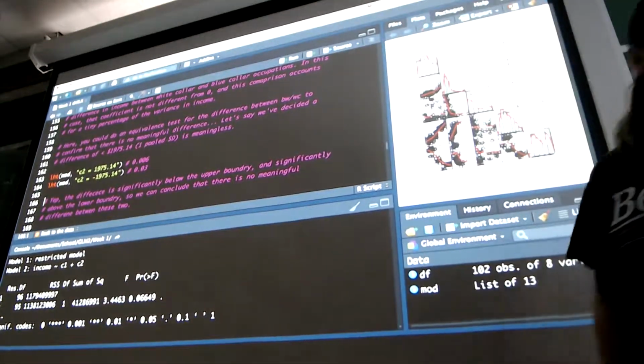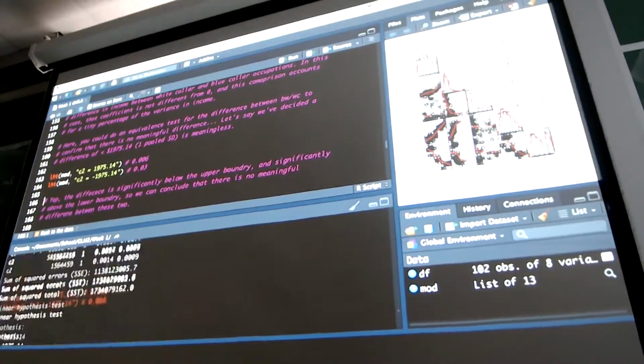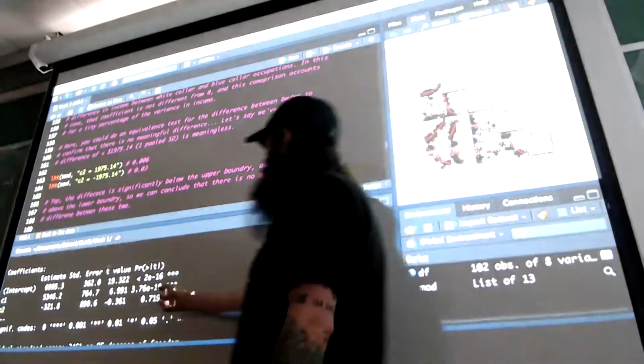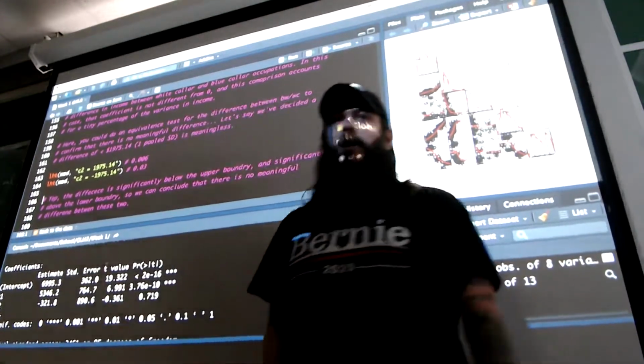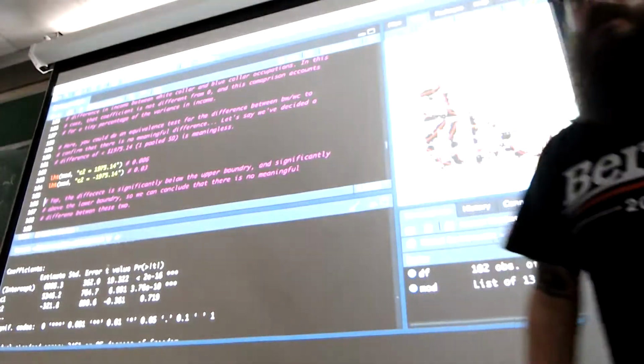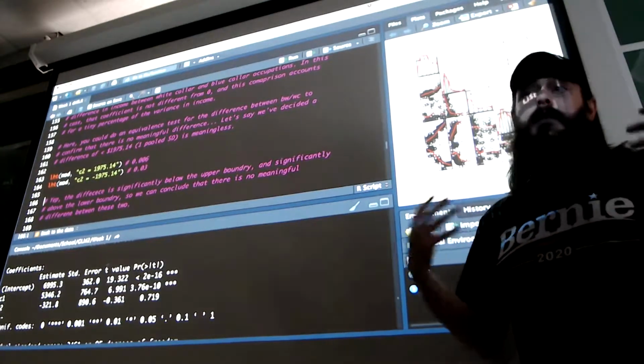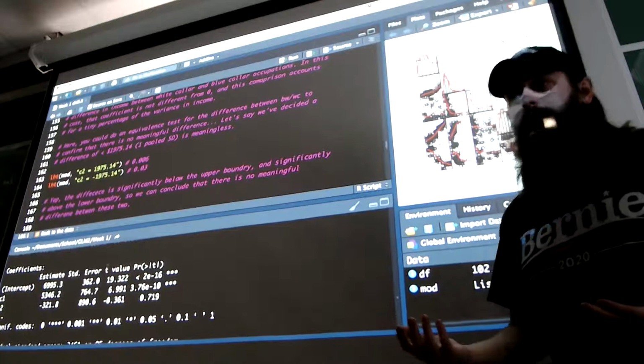That latter version, if all we do is look at our regression output and say, nope, no significant difference here between blue collar and white collar workers, what we're saying is we don't have enough evidence to conclude that there is a difference between these two groups.